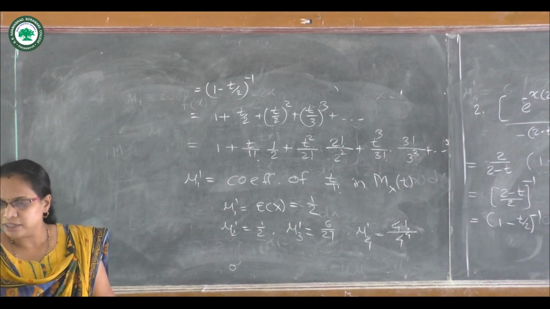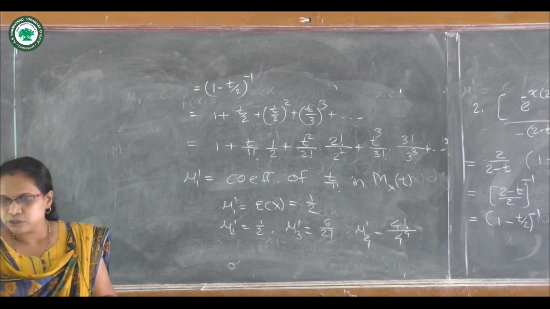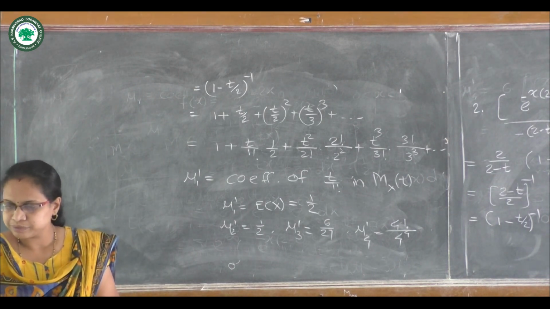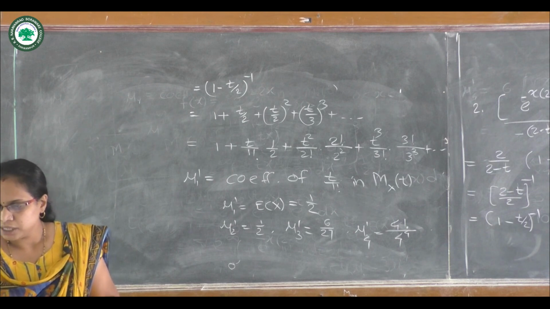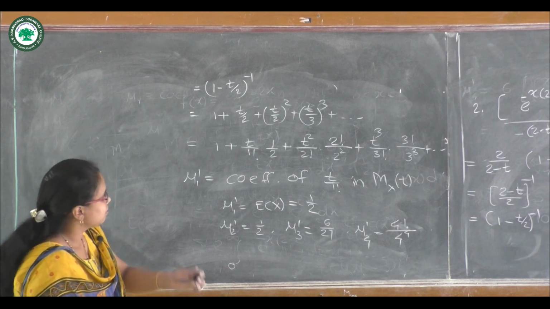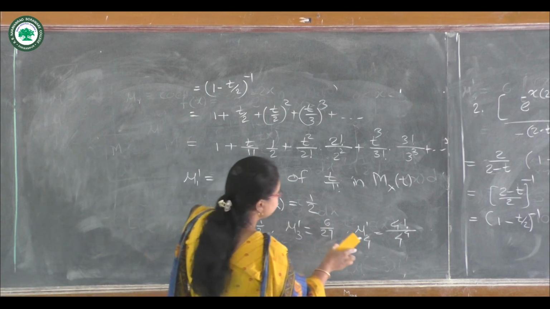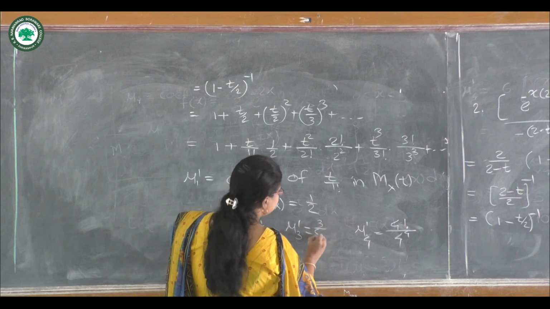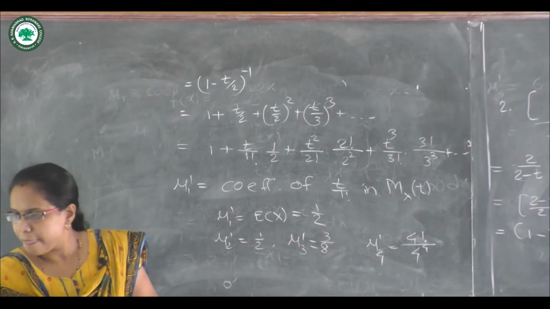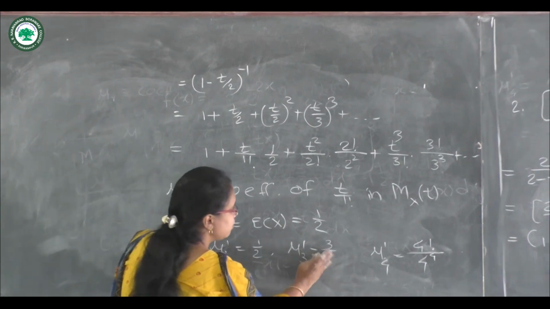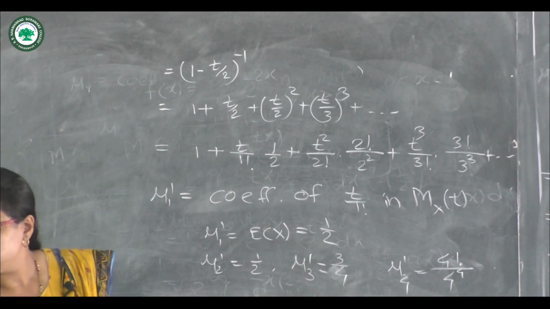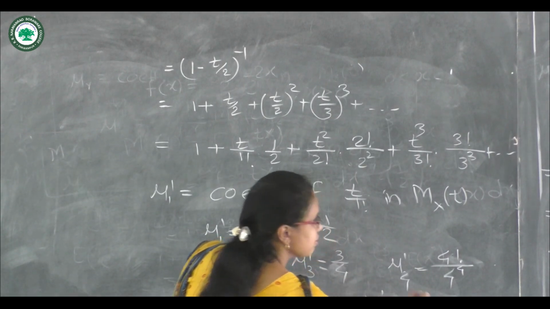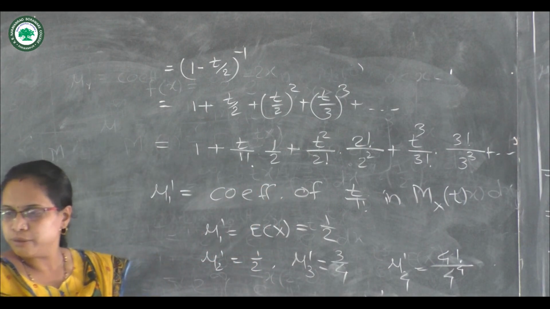I will just write the final answers here so that you can compare with your results. Here mu 2 dash is 3 upon 8, mu 3 dash is 3 upon 4, and mu 4 dash is 3 upon 2. So these are the raw moments.